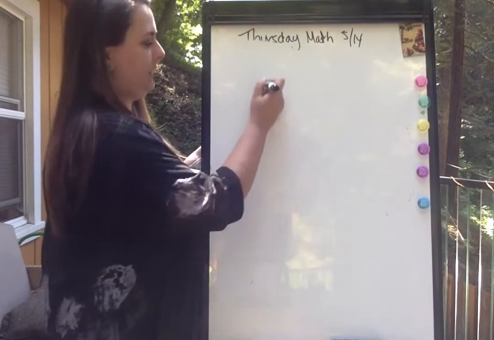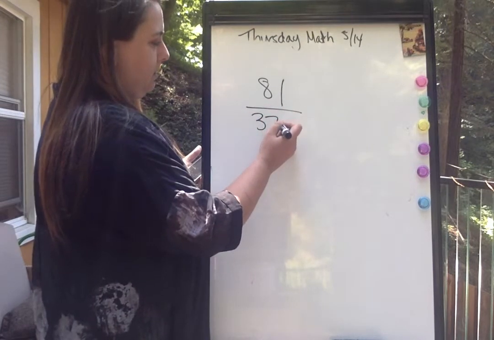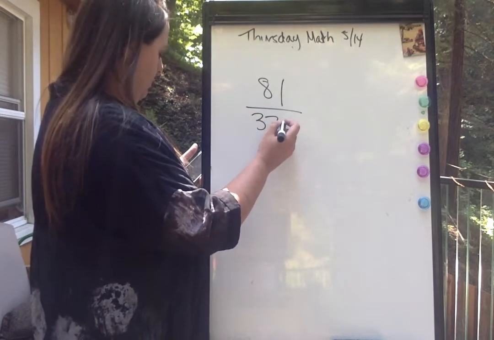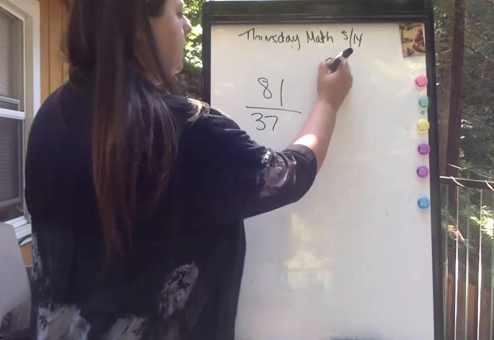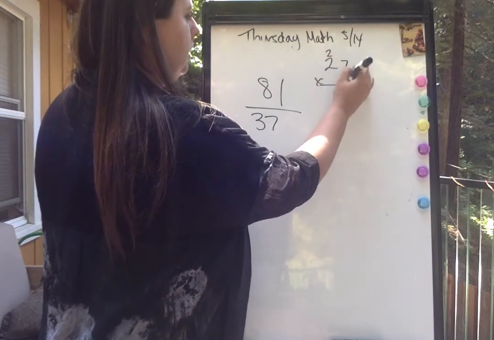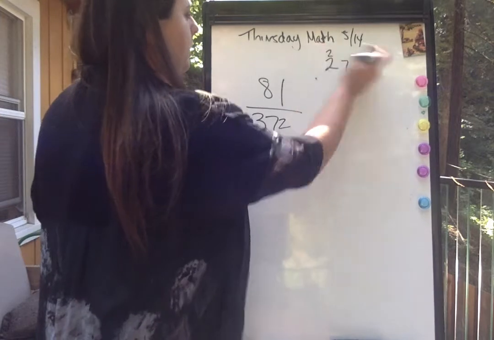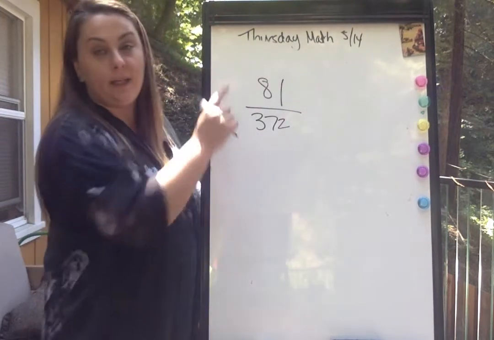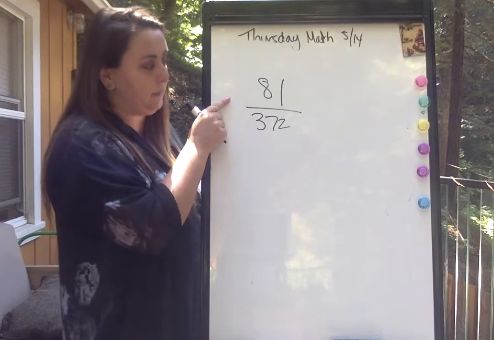How am I going to figure this out? I know I can't divide 81 by 2 because it's not an even number.